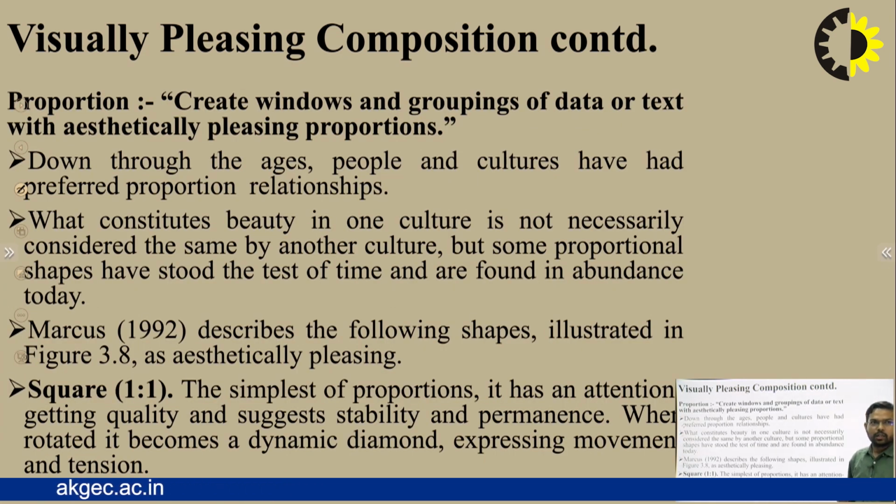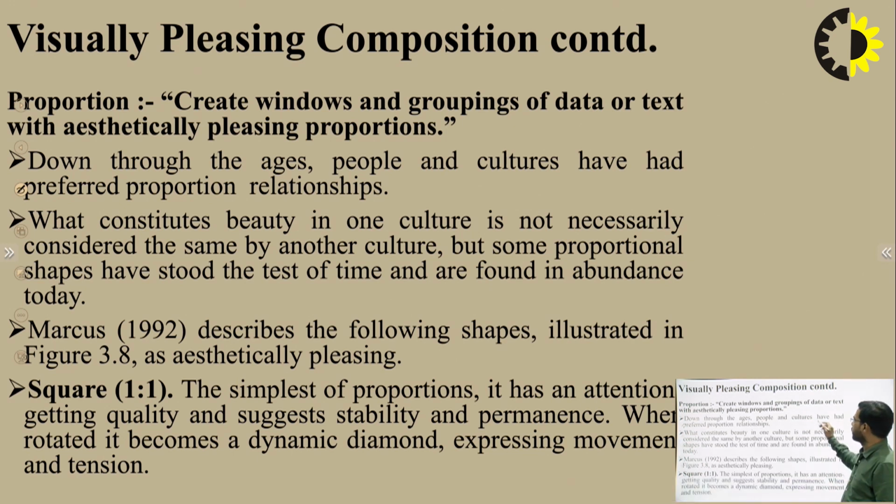Proportion, like the grouping of the elements in a proportionate manner. So create windows and groupings of data or text with aesthetically pleasing proportion. Down through the ages, people and cultures have had preferred proportion relationships. What constitutes beauty in one culture is not necessarily considered the same by another culture, but some proportional shapes have stood the test of time and are found in evidence today.